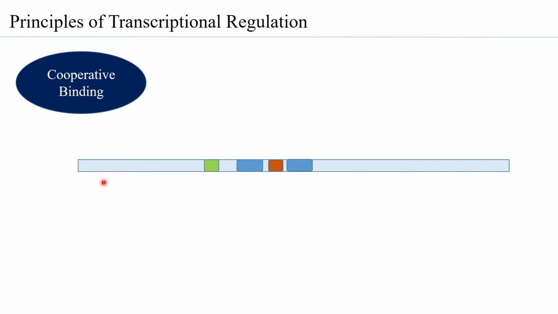So let us look at what we understand by cooperative binding. Say for example, you have the DNA with the promoter which has both the operator region and, say for example, it has the activator sequence. That means the cis element for the activator binding. And let's say for example, the activator comes and binds. So when the activator comes and binds to the cis element, there is a positive conformational change and that recruits the RNA pol to the promoter site.